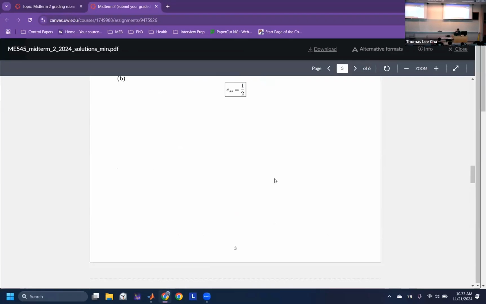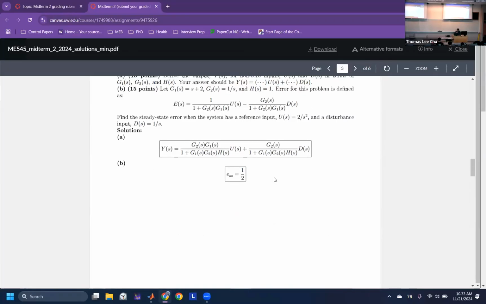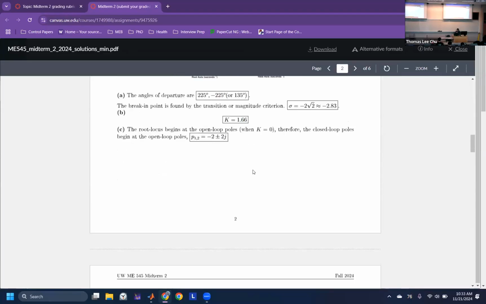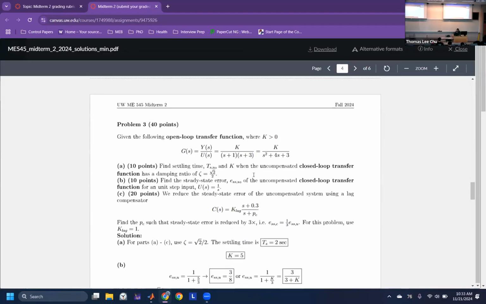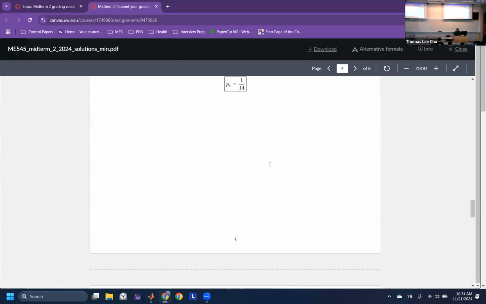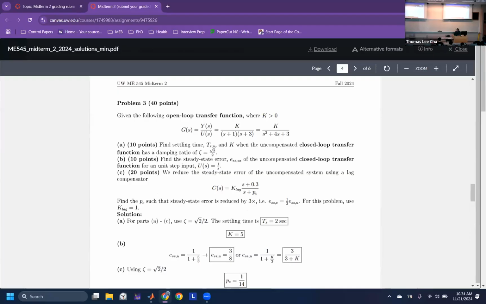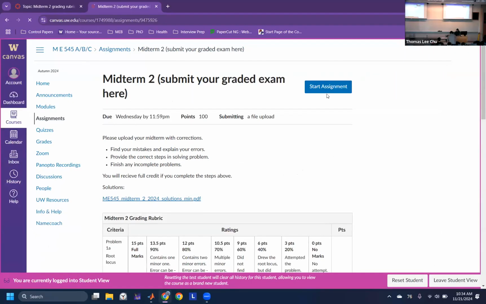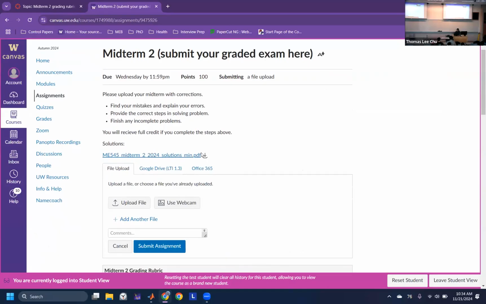These are exam problems. They're not like homework problems where you need a calculator, except maybe for part B. You've done all of these before, but now because it's on an exam, it should be easier. So use that, correct your exams. It should take less than an hour to correct. And then just submit your solutions, your grading and your corrections, on here.